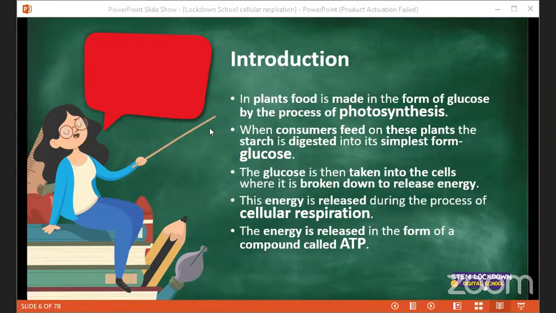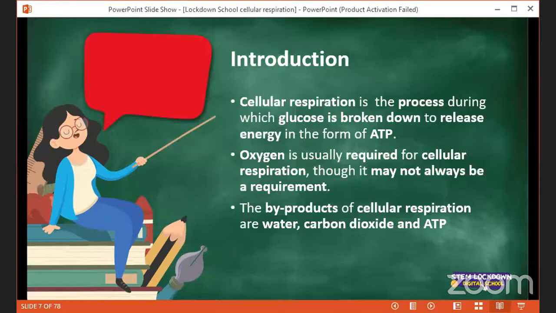We also looked at adenosine triphosphate when we were dealing with photosynthesis. Okay. Now, cellular respiration is the process during which glucose is broken down to release energy in the form of ATP. And then oxygen is usually required for cellular respiration, though it may not always be a requirement.